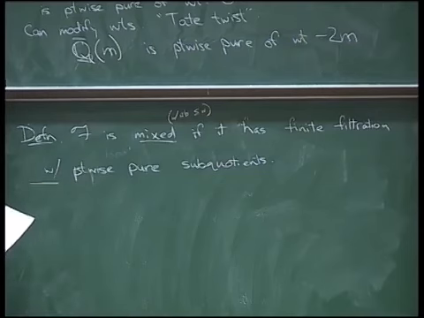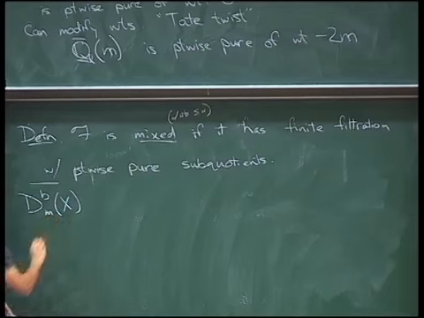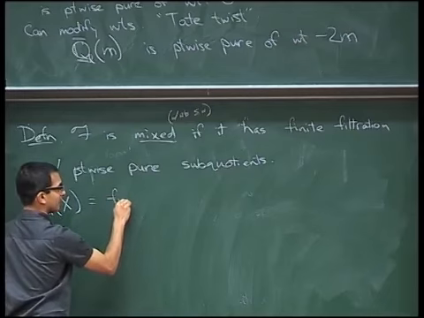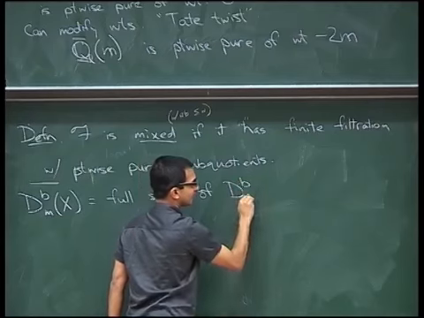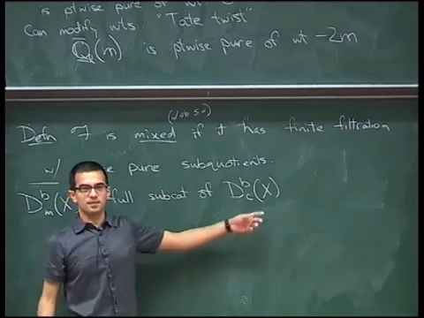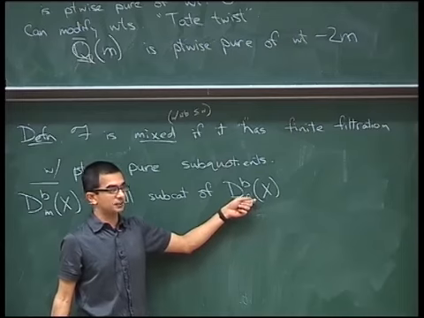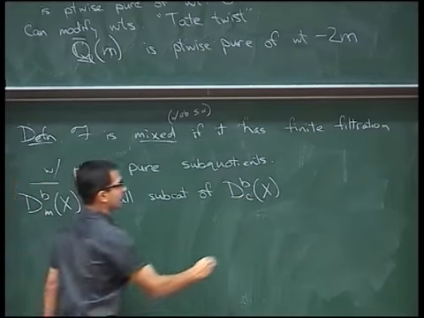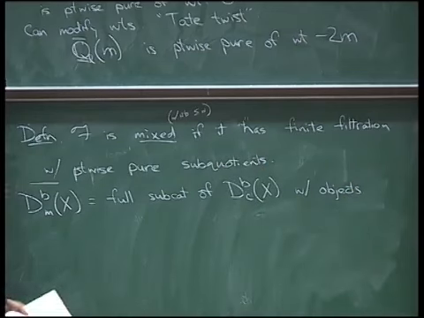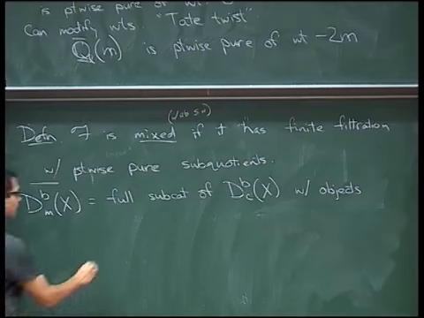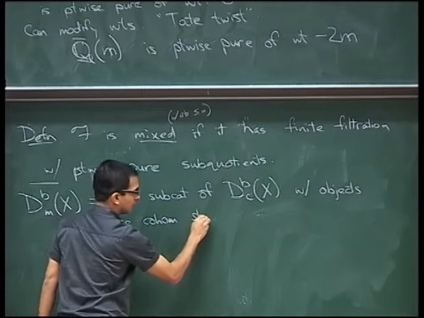So now that we have these two definitions for sheaves, we can define a triangulated category D^b_m(X), which is the full subcategory of D^b_c(X). So this is already, remember, a full triangulated subcategory of D^b(X), where we're requiring all the cohomology sheaves to be constructible. And now we're going to add another condition. So this is the full subcategory consisting of objects whose cohomology sheaves are mixed.